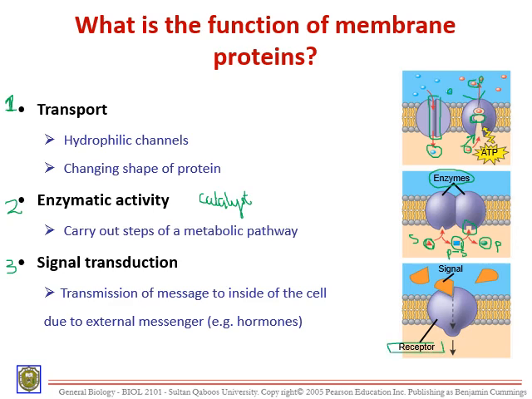This is a membrane protein that acts as a receptor, and this is a signal, or you can imagine this as a hormone, that binds to the receptor. The hormone binds to the receptor, and it actually transmits a message, in this case from outside to the inside of the cell.